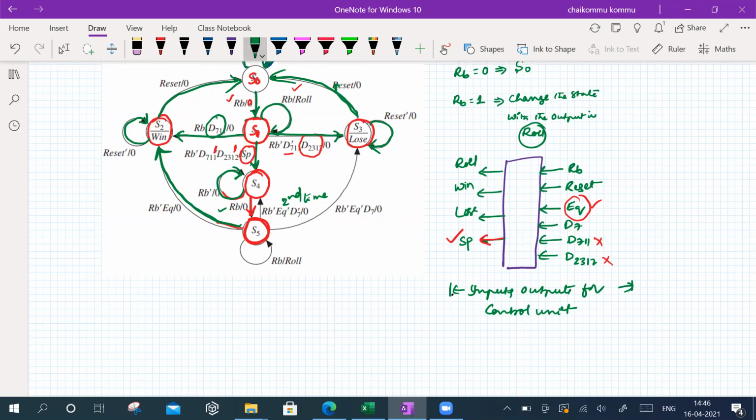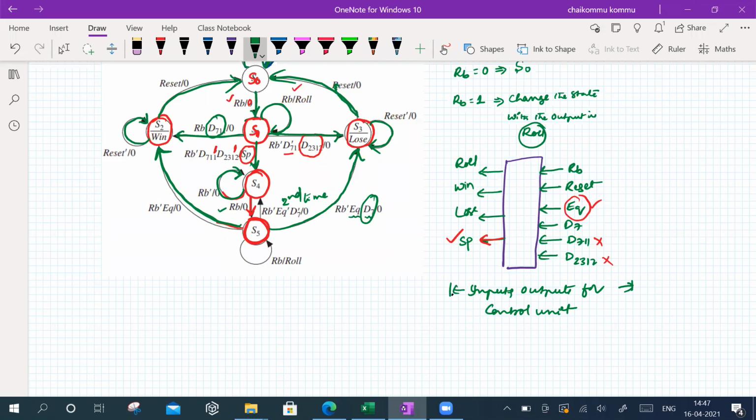Therefore, you automatically win the game. Next, the second point is that if the equality part is there but D7 is there now, what you have to do? You may lose the game, because if the D7 signal comes, you lose. If it comes the second time, you lose; if it comes the first time, no problem, but the second time you will lose the game.